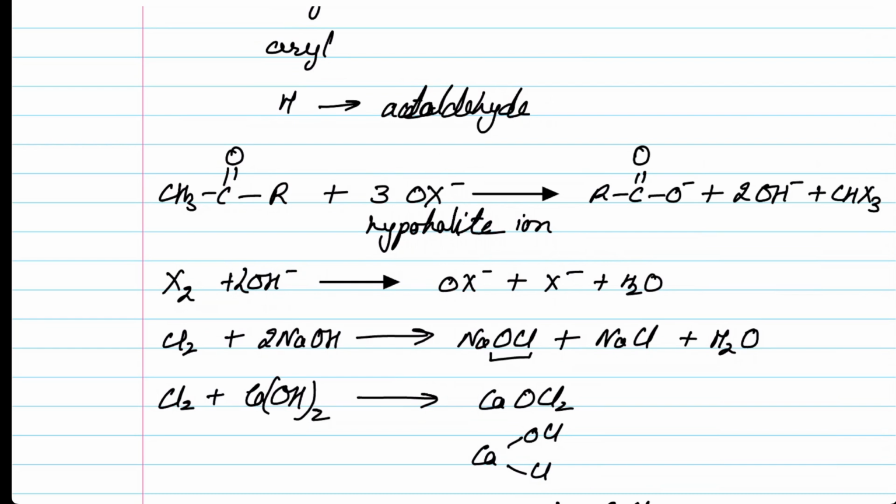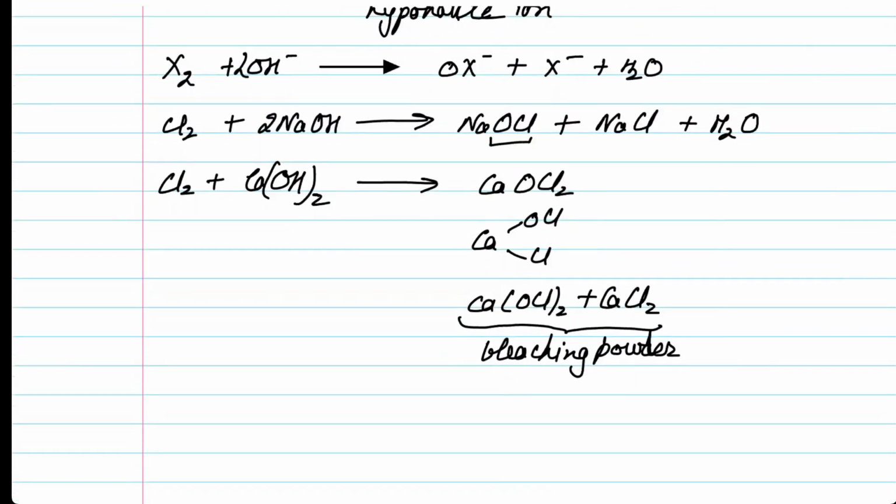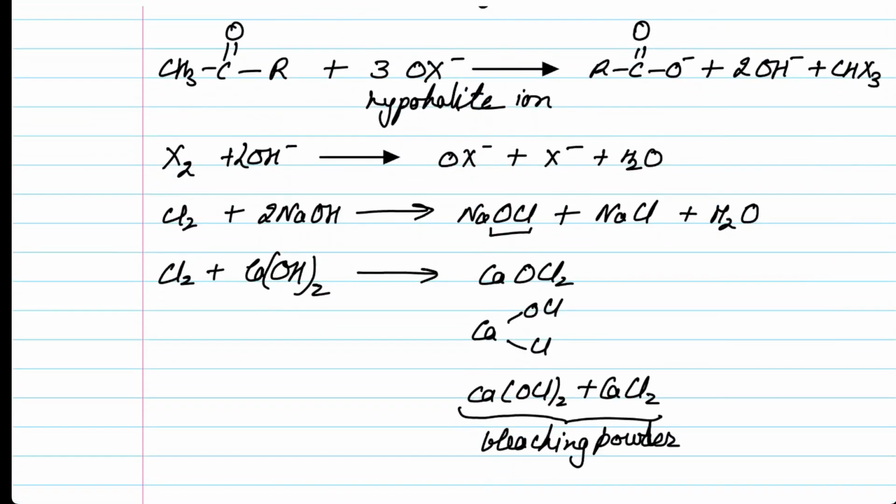Now, this particular reaction has multiple uses. The first use is to produce the haloform, that is, CHX3 can be produced by this reaction. The second use is that we can prepare the carboxylic acid having one carbon less than the carbonyl compound that we have.